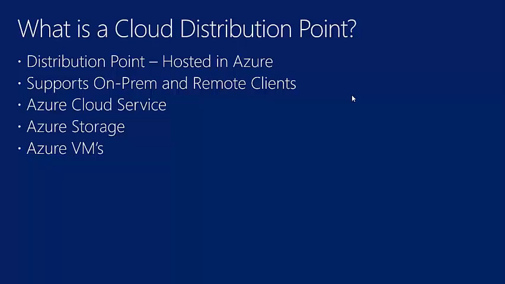When you create the cloud distribution point, it creates an Azure cloud service. There's Azure storage associated with it, and there are actually 2 Azure virtual machines that are created. I'll show you those a little bit later on. All of that makes up this thing we call the cloud distribution point.